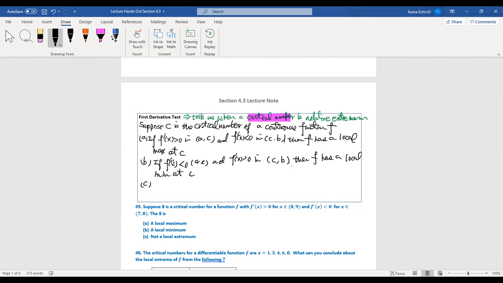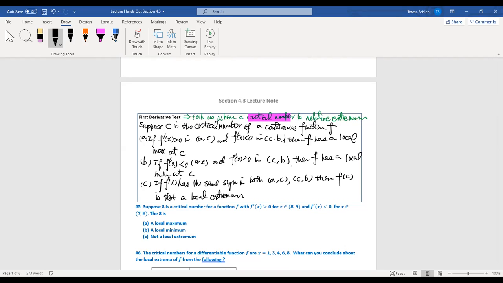Then the last part tells you, if f prime of x has the same sign in both (a, c) and (c, b), then we know f(c) is not a local extrema.